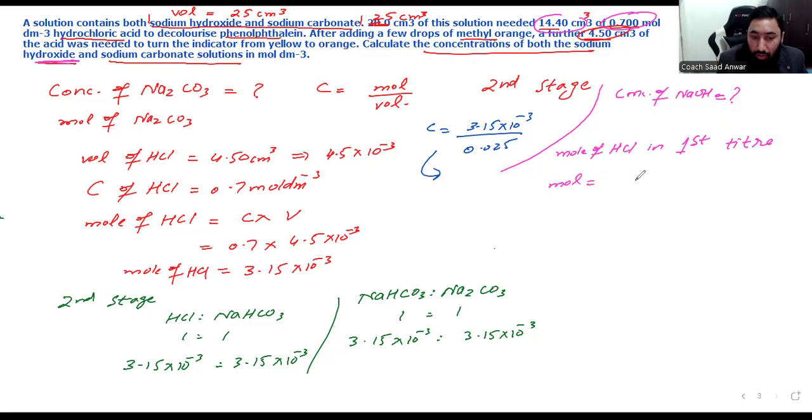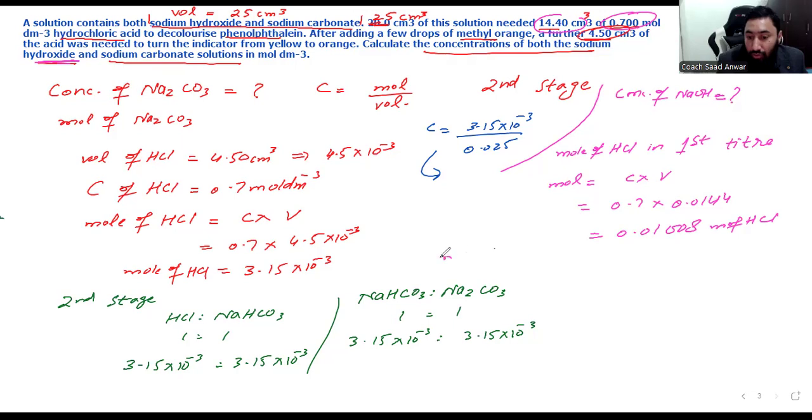Moles is concentration times volume. Concentration is 0.7, volume is 14.40 divided by 1000, which gives 0.0144. When I multiply with 0.7, I get 0.01008. So this is the moles of HCl.